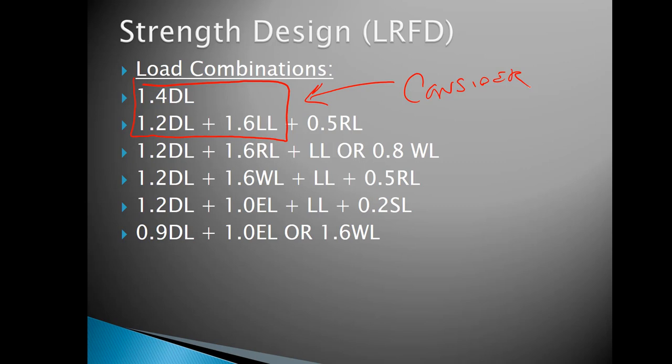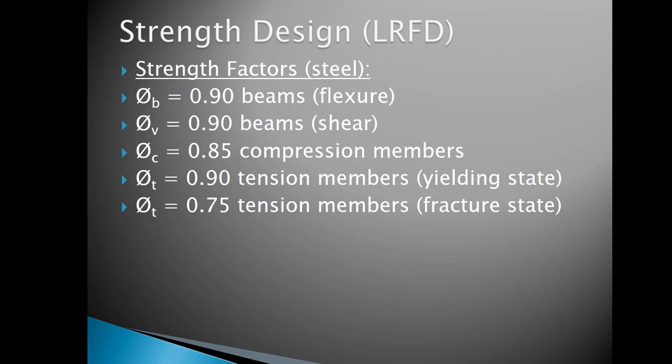All right, so this is where we raise the loads, make the net effect greater than 1. And then on the resistance side or the strength side, the failure side, any of those terms work, we want to actually bring the load down.